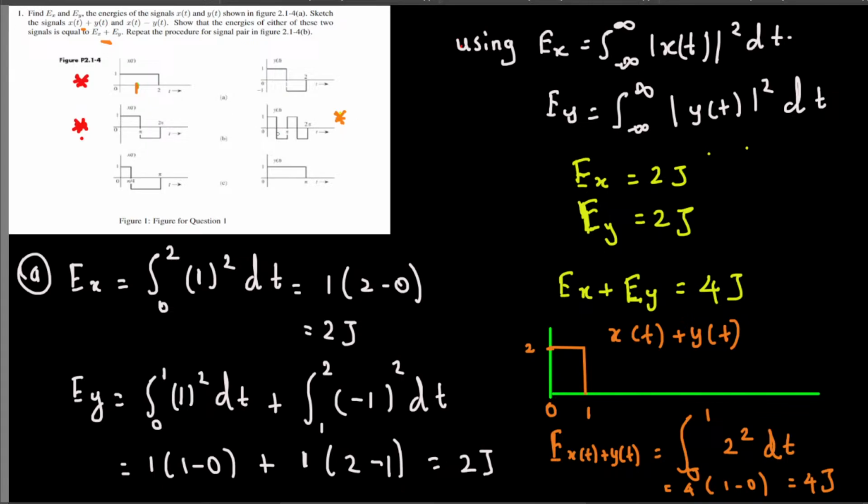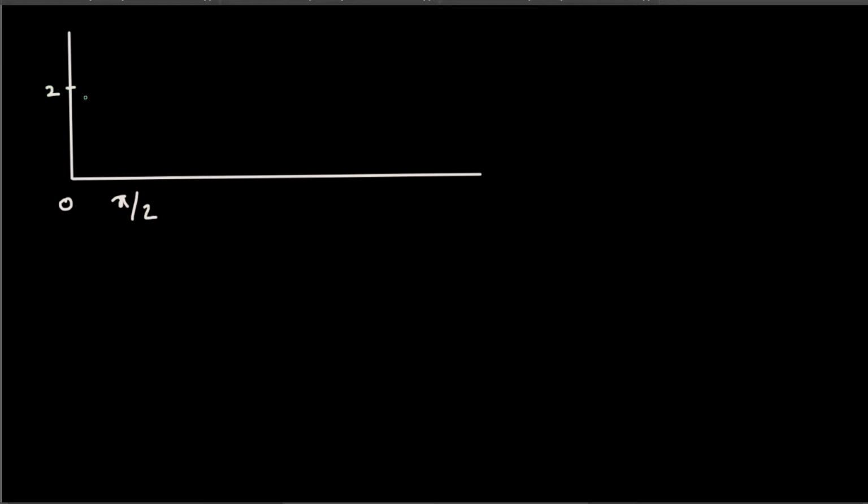If you add them, 1 plus 1, that's 2. Let's graph 0 to π/2. At that time the height is going to be 2.